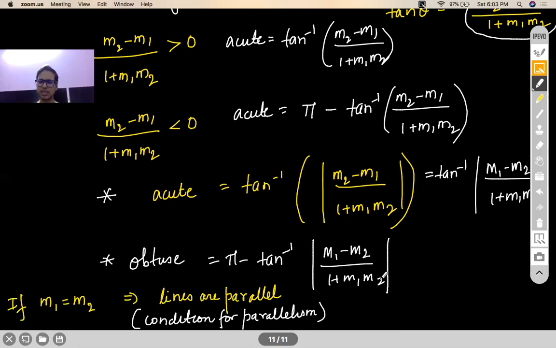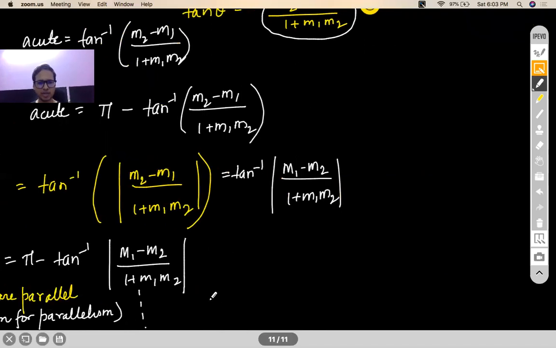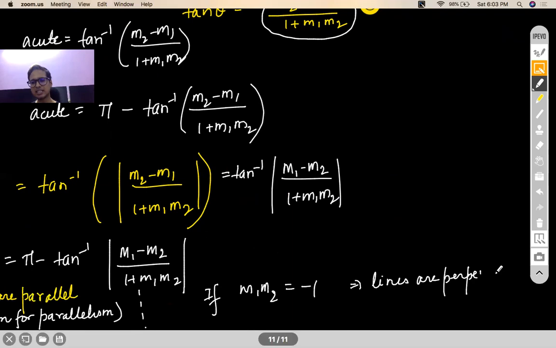If your m1 m2 is such that their product is -1, that means the denominator of this term vanishes. That means the lines are perpendicular to each other. This is called the condition of perpendicularity.